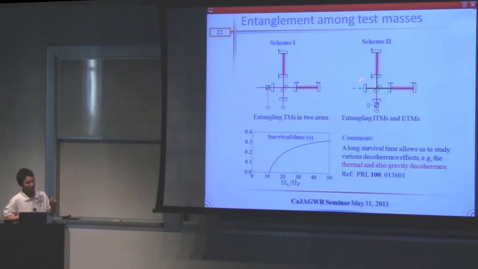But for this one, which has a local readout, you can measure the ITM and ETM independently. Then you can create a quantum entanglement among them. And then you can see here the survival time also. Basically, if you have a large sub-SQL noise, you get longer and longer survival time.